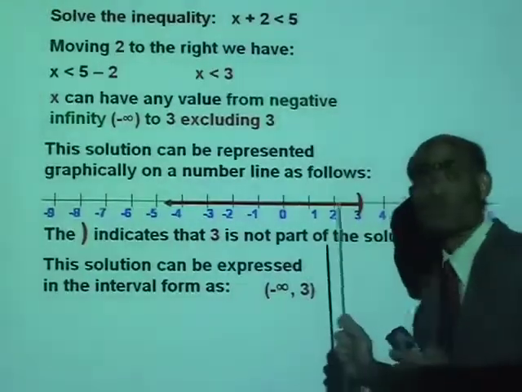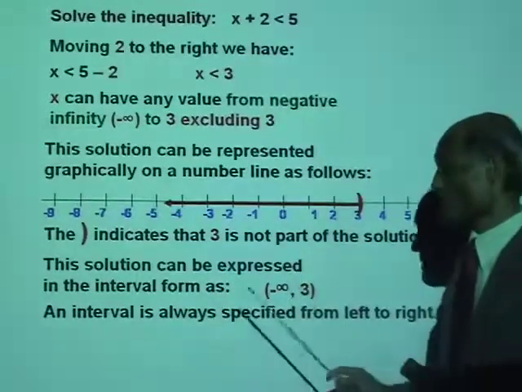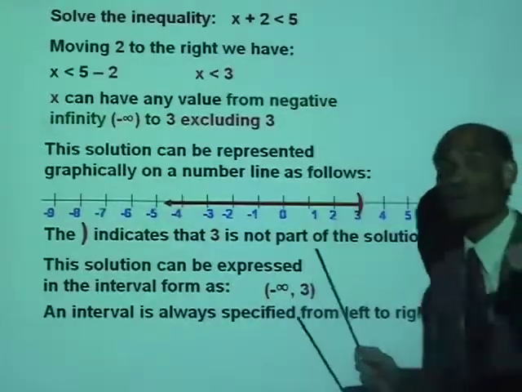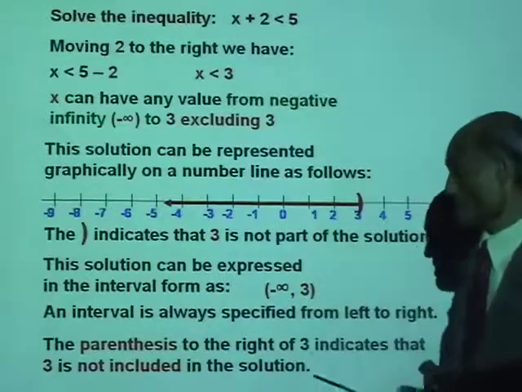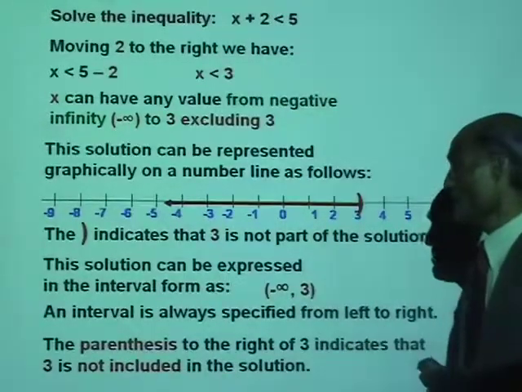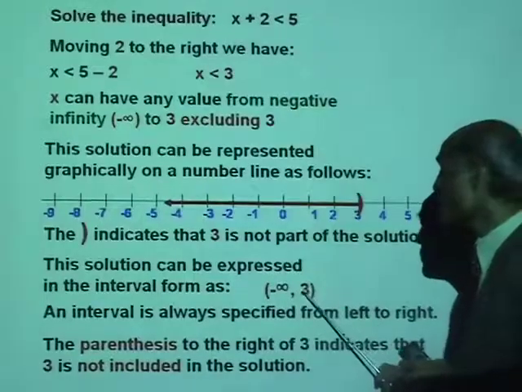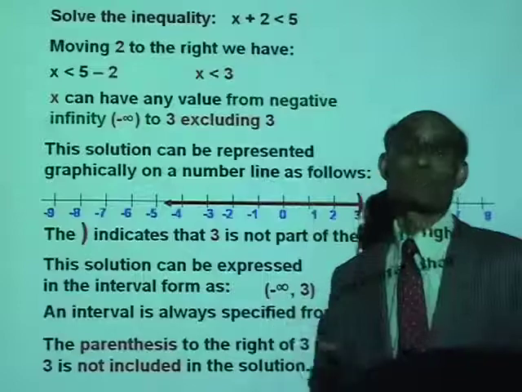The parenthesis tells you 3 is not included. Alright, remember this, an interval is always specified from left to right. Okay, we know this. A parenthesis to the right of 3 indicates that 3 is not included in the solution values.